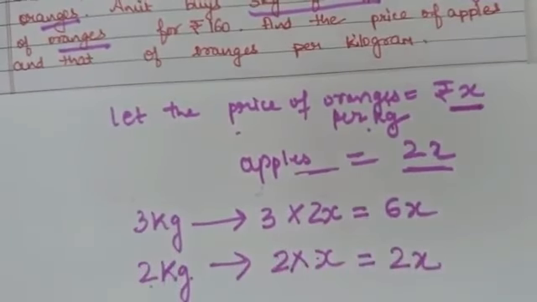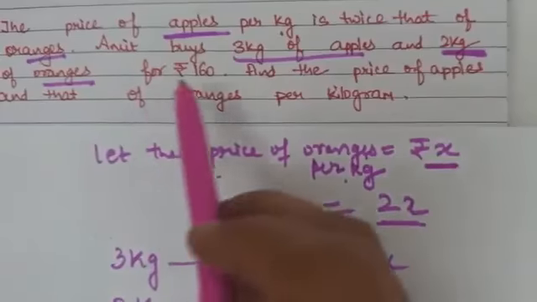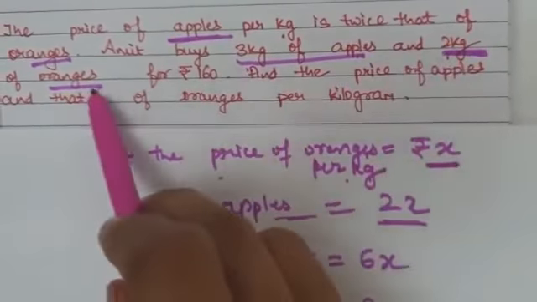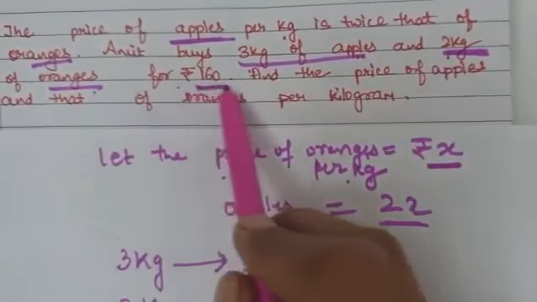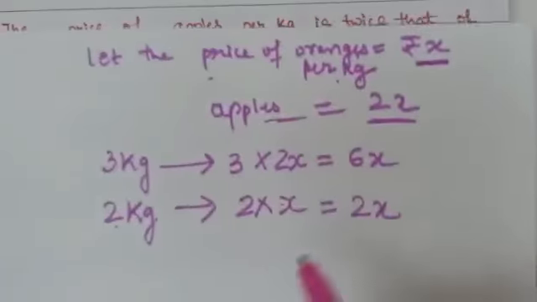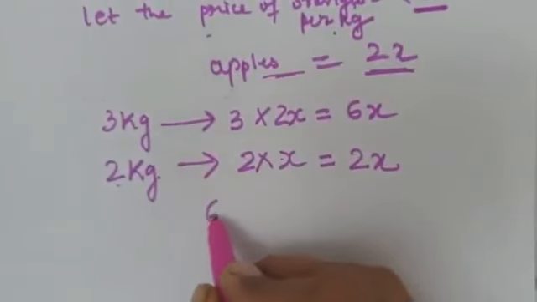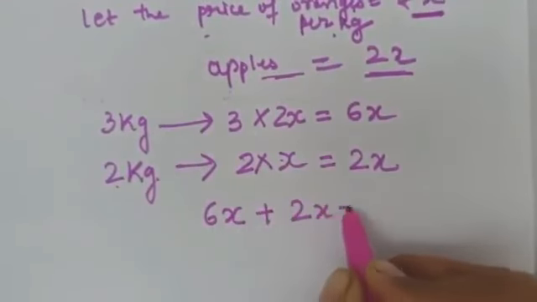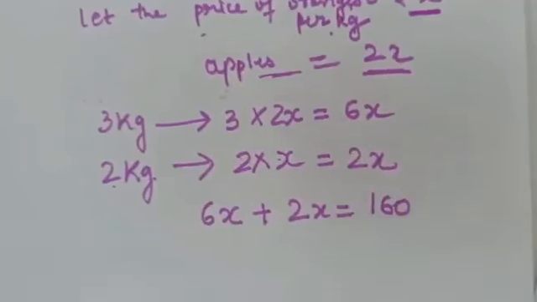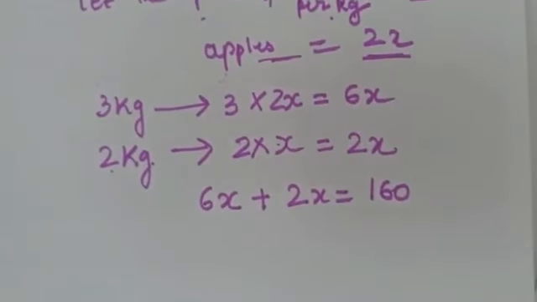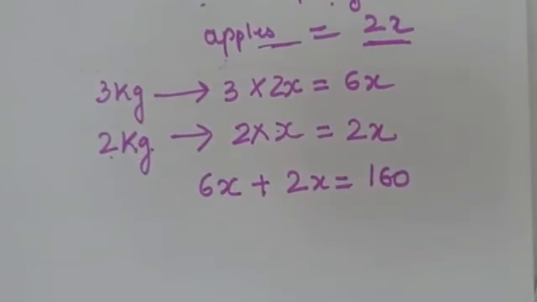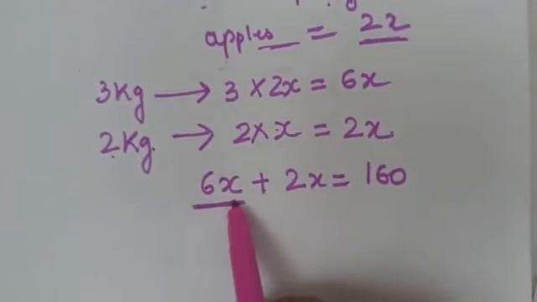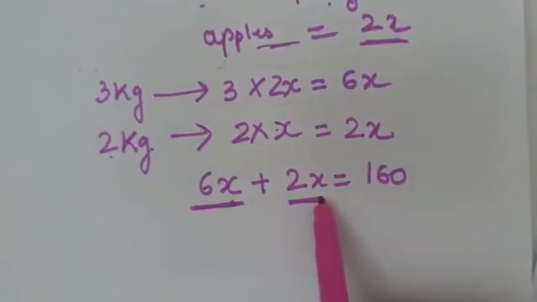Now they are saying if he is buying 3 kg of apples and 2 kg of oranges, the cost is 160. It means we can write here that 6x plus 2x is equal to 160. The total cost is 160 if he is buying 3 kg of apples and 2 kg of oranges.